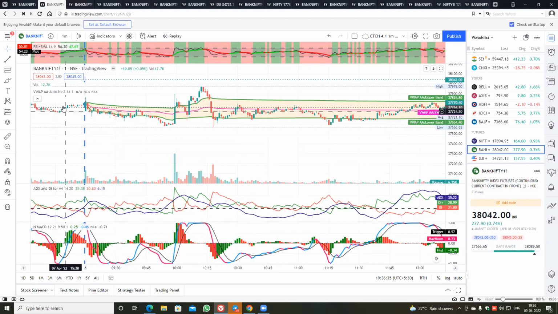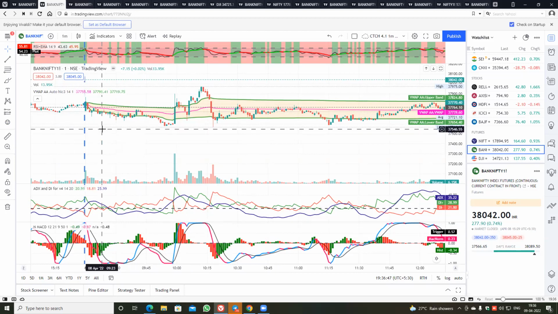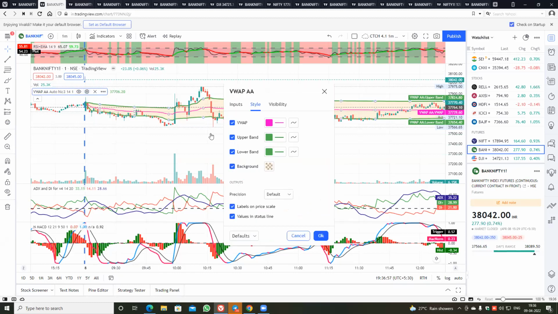First, I would like to start with this VWAP. Actually, this auto anchored VWAP was newly added to TradingView, I think from last November or December. It was published by TradingView itself. We are using the inbuilt one, and it consists of 3 bands.